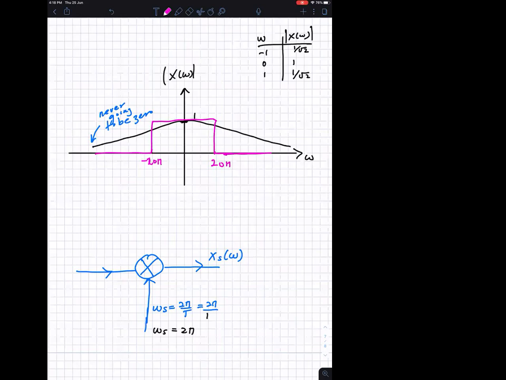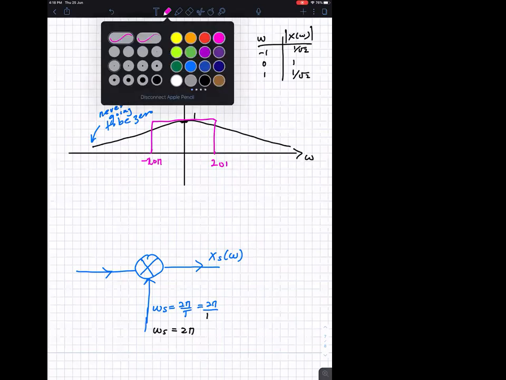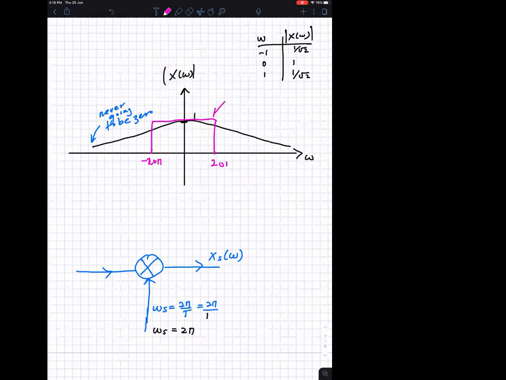That's band limited. This one is not band limited.